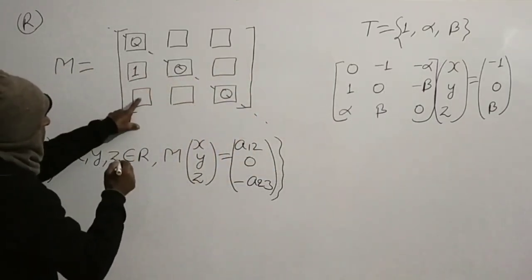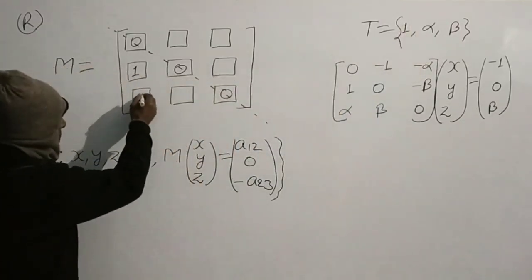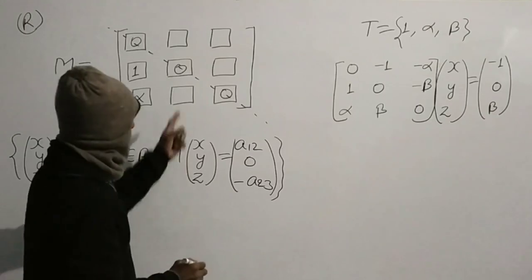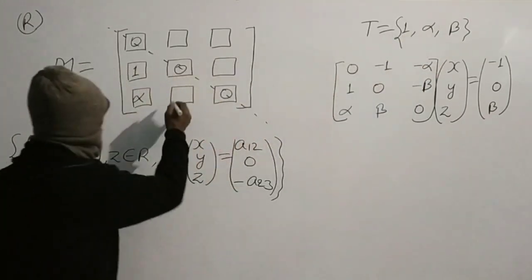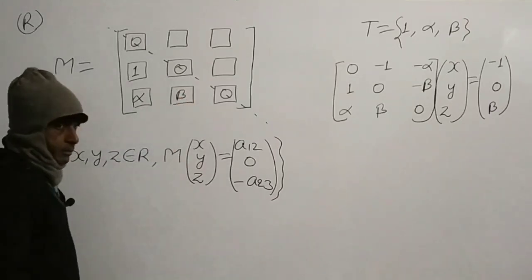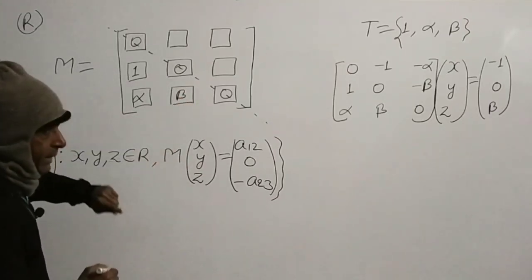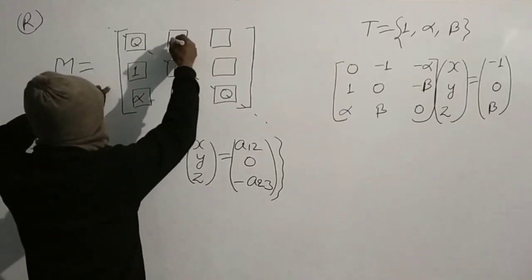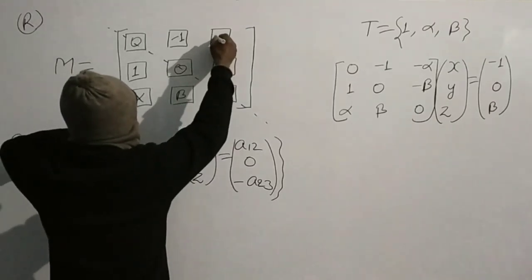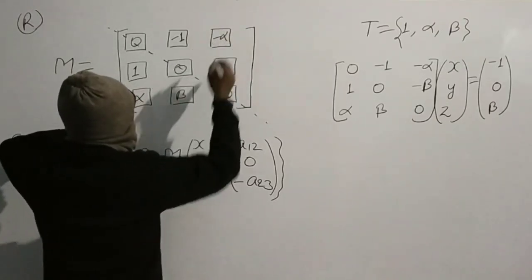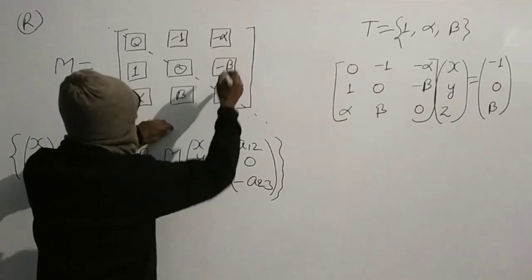We fill this place by any one element alpha. And we fill this place by any one element beta. Since the matrix is skew symmetric, therefore elements here will be -1, elements here will be minus alpha, and elements here will be minus beta.